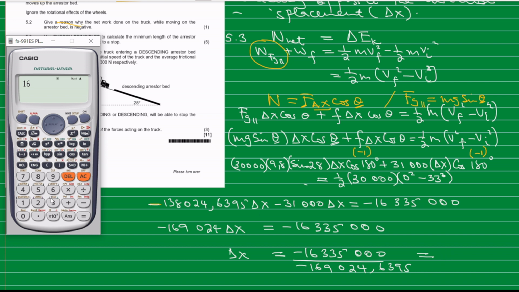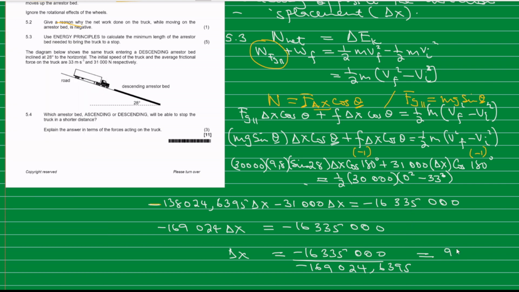16,335,000 divided by 169,024.6395. Our answer, I'm getting 96.6427. So our answer will be 96.64 meters.